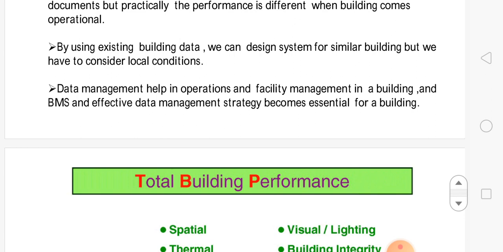What are the latest things, like data management, help in operation and facility management in a building, and BMS.